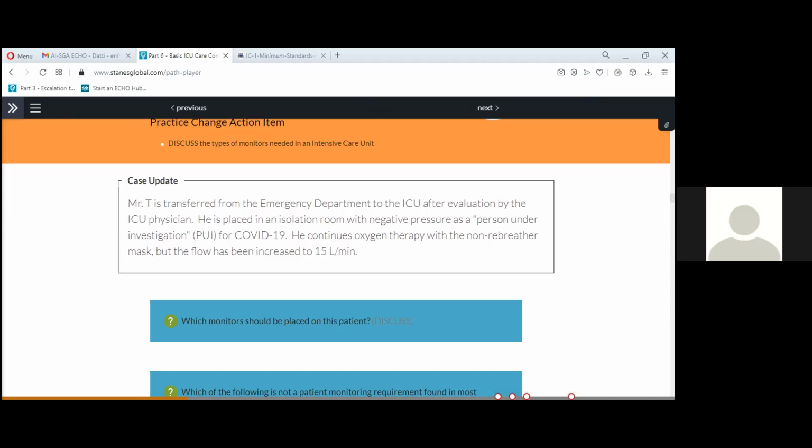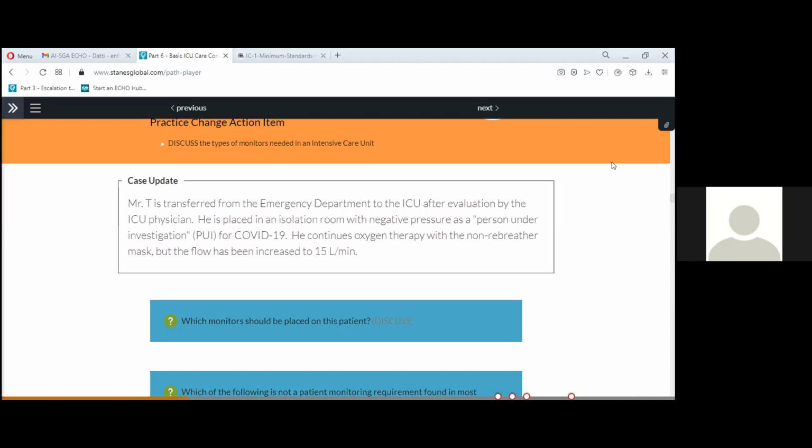Type into the chat box what they know, and let's see what they have. So we're waiting for responses. Which monitors? Somebody's typing in nasal catheter. That is not really used for monitoring.